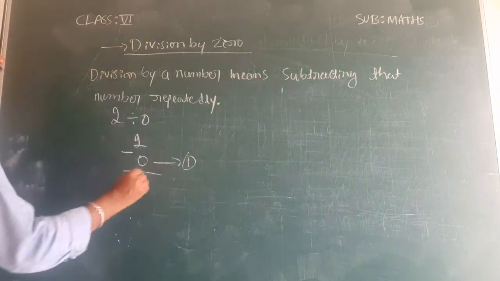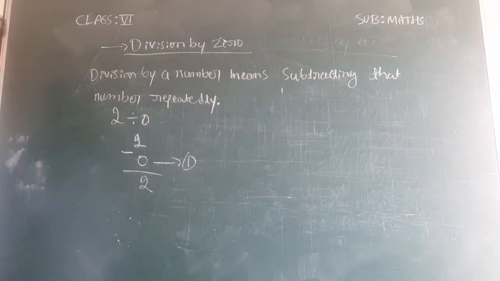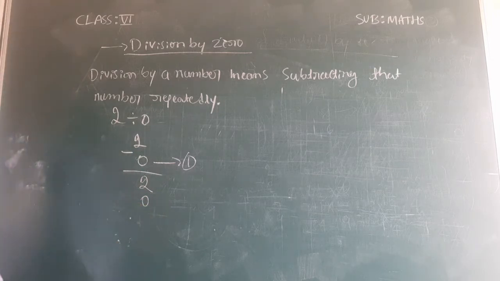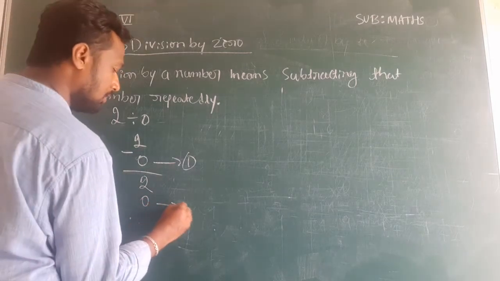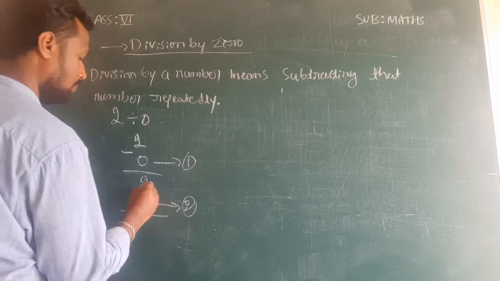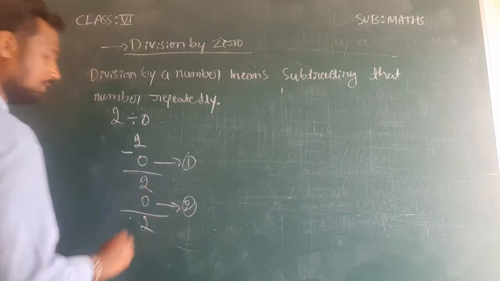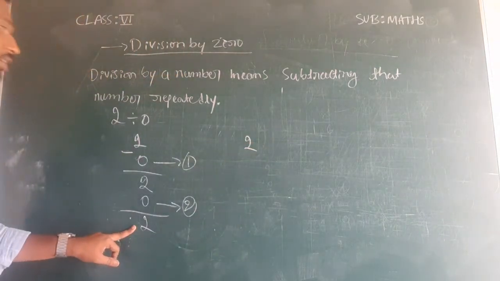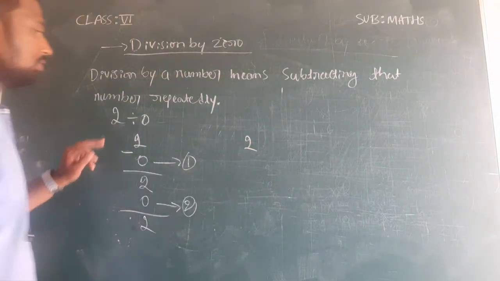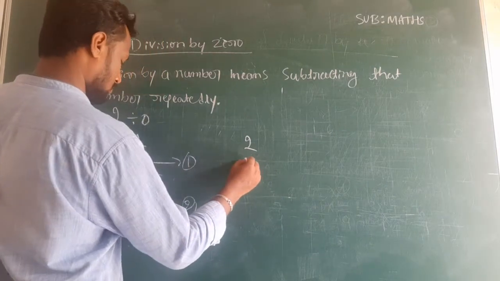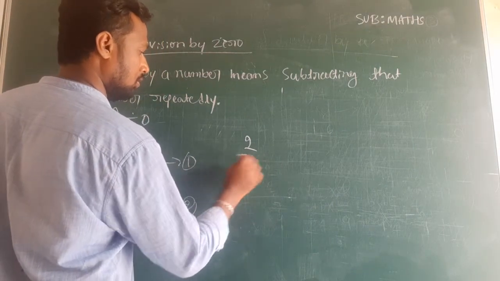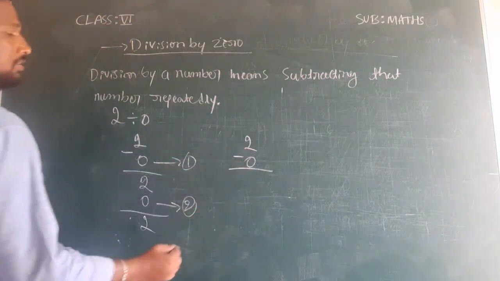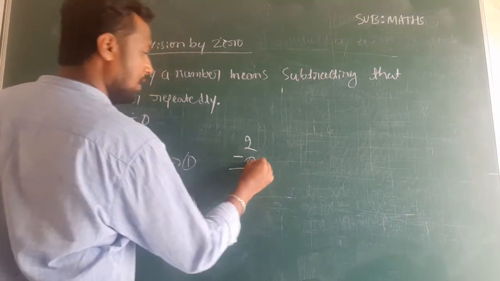This is the first time I am subtracting here. 2 minus 0 means what will we get? 2. Next, repeated subtraction. Again I have to consider 0. 2 minus 0, this is the second time I am subtracting. 2 minus 0 means 2 only. Again I will write this remaining 2 here and subtract 0 from this 2. 2 minus 0 means 2 only, and this is the third time.